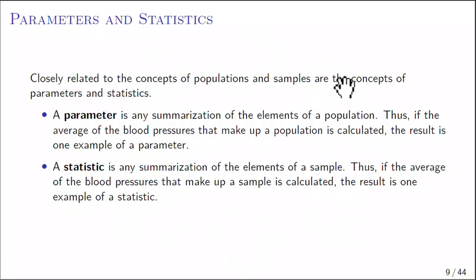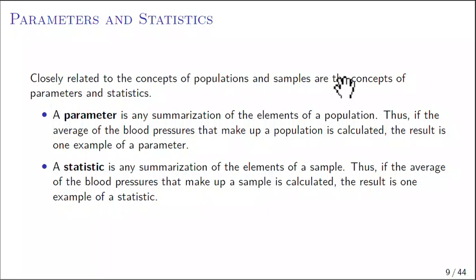Now we have the third pair, the so-called parameter and the statistic. What is a parameter? A parameter is something we make up for the population. For example, the average of the blood pressure of a population is calculated. The result is one example of a parameter.